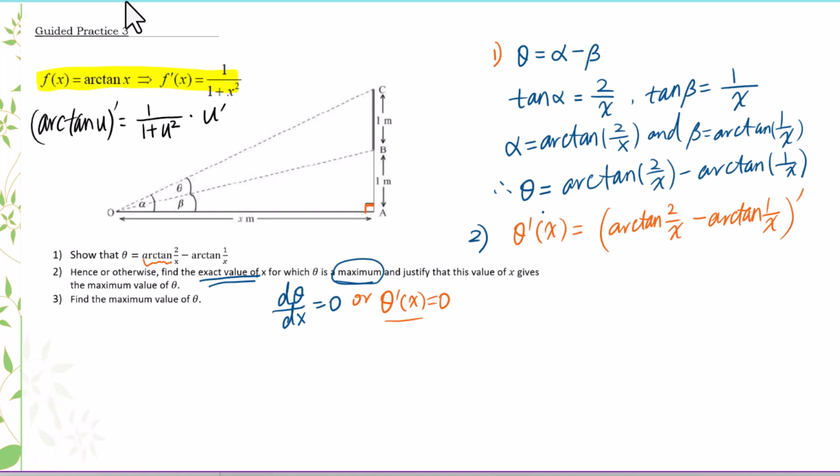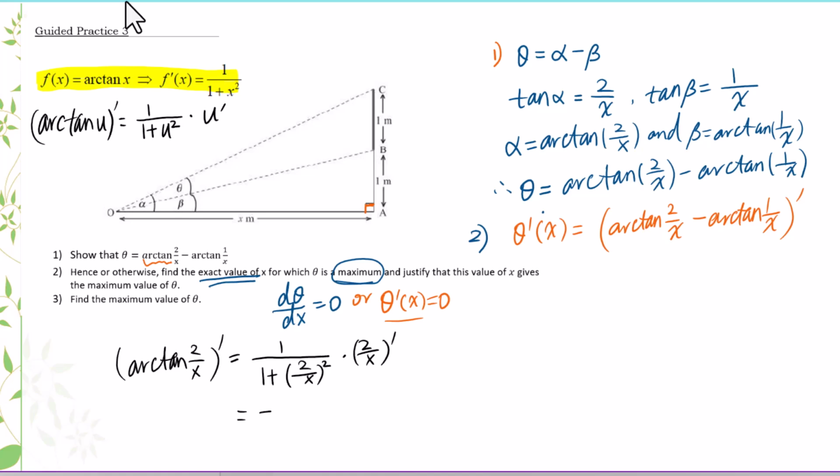So for arctangent 2 over x prime, it equals 1 over 1 plus 2 over x squared times 2 over x prime.